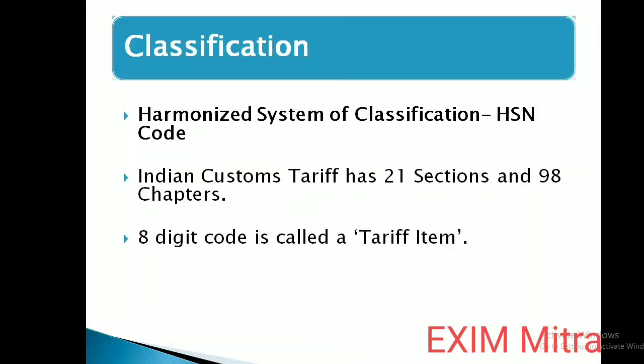India has already adopted this code, and all the classification in the Indian Bill of Entry is done in line with this HS code. Guys, HS code is an 8-digit number where the first 2 digits are the chapter, the next 2 digits are the section, and the next 4 digits are of that particular item.